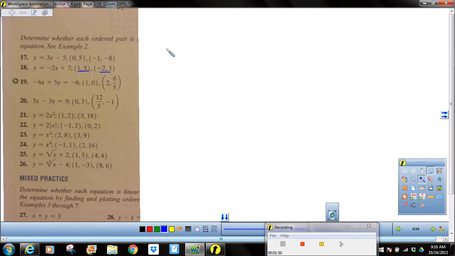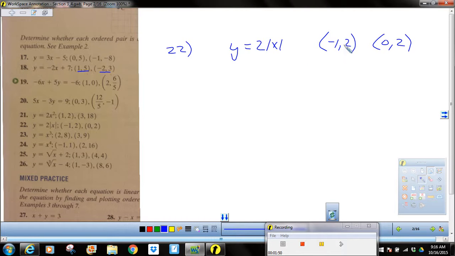Number 22. This equation has absolute value in it. We're trying negative 1, 2, and 0, 2. I'll start with this one first.